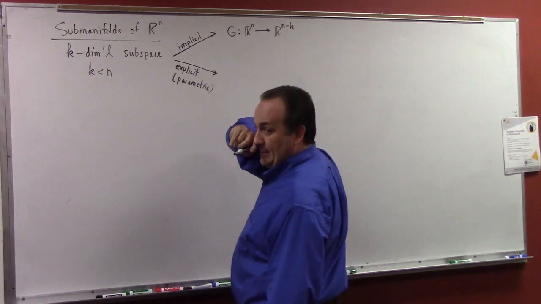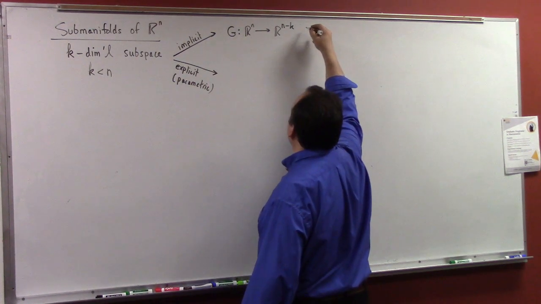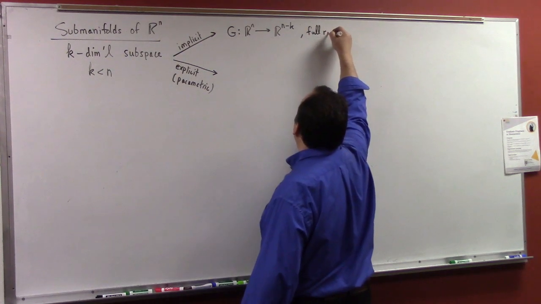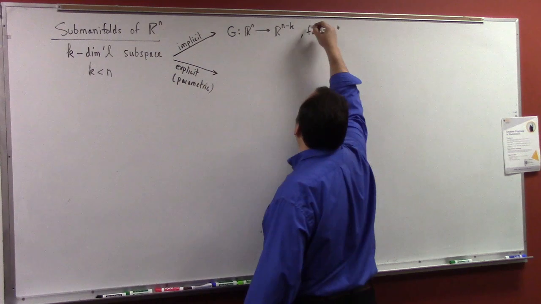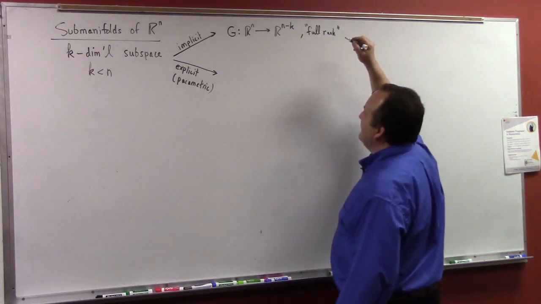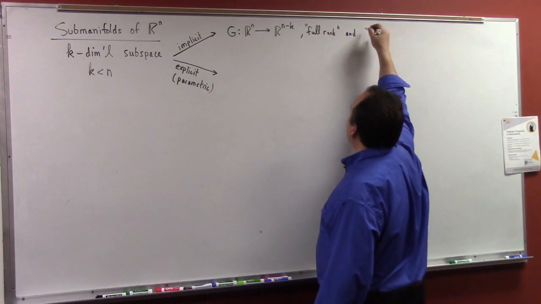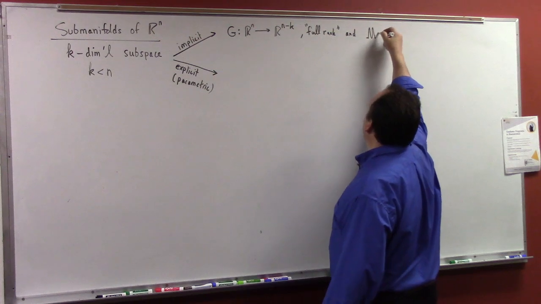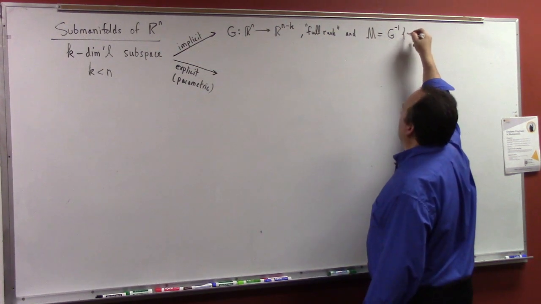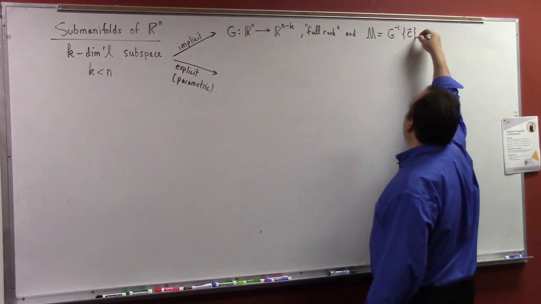And let's say it's full rank, whatever that means. I'll just put some quotes on it for the time being. Your space M is literally just the inverse image of, let's say, some constant vector.